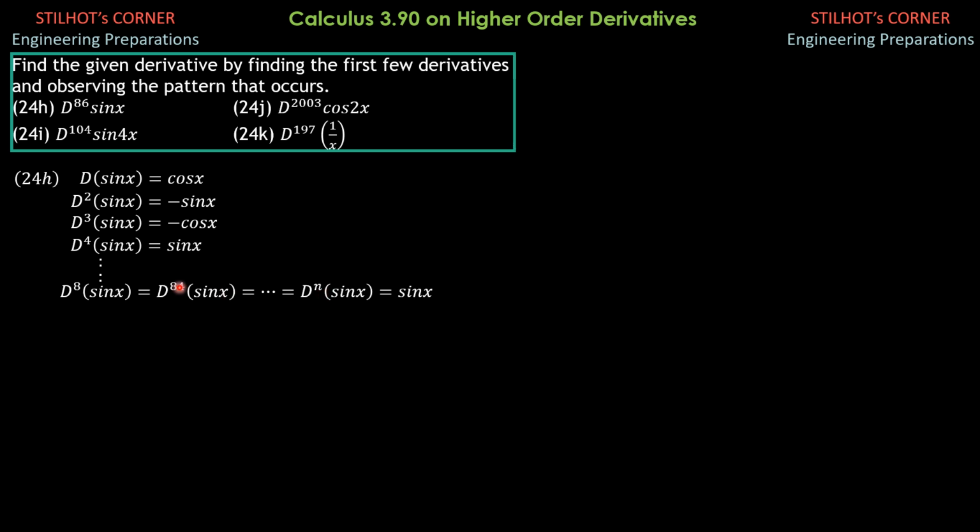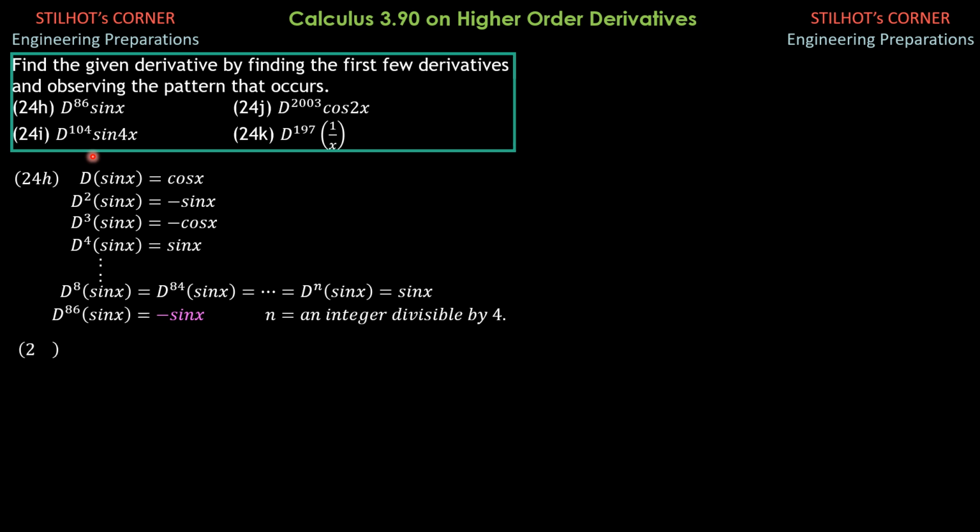Therefore the 84th derivative is sine x, the 85th derivative is cosine x, then the 86th derivative is negative sine x. So the 86th derivative of sine x is negative sine x. That's it for 24H.